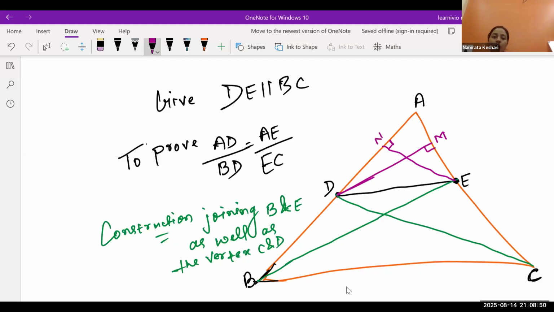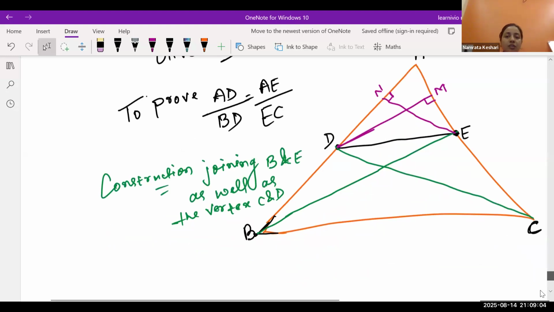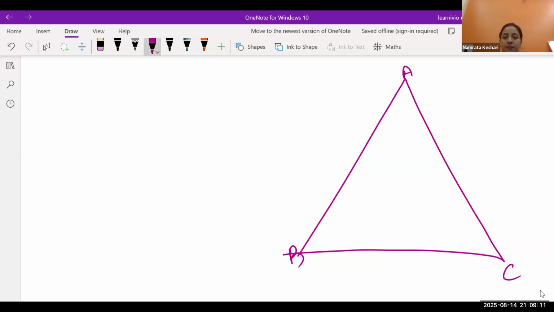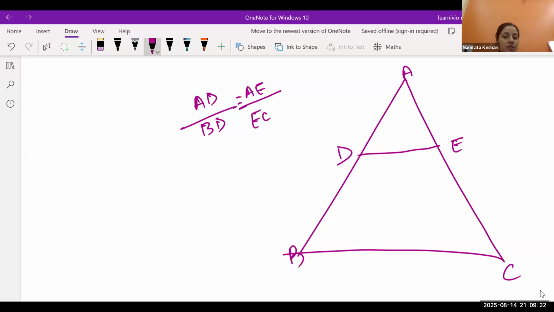Now I'm not telling you to copy anything from here, because today you just need to focus, look at the screen and try understanding it. So what we have done, we are having a triangle ABC where we know the parallel condition is given, and we have to prove the ratio is same. For that we have to do construction first.